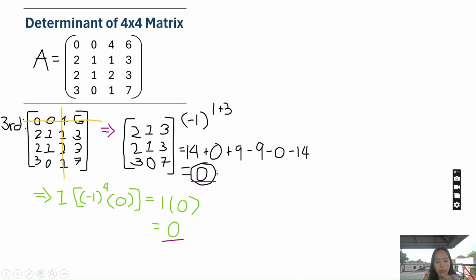And again, our answer is 0. And then we input this in our basis. So we have 1 times negative 1 to the fourth power, and then 0, is equal to 1 times 0, and then we obtain 0. Again, we have 0, negative 5, and now 0.